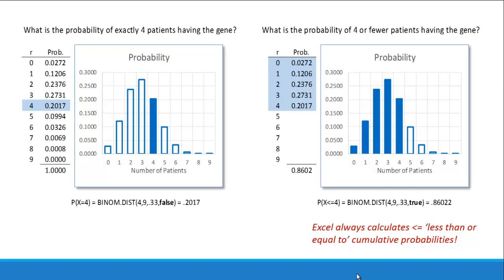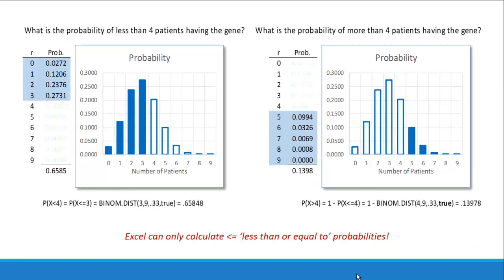Let's look at some other applications of this binomial distribution. Next, what's the probability of strictly less than 4 patients having the gene? Previously we asked for less than or equal to 4. Now we're asking for the probability of less than 4 patients. It's a good idea to write out on a piece of scratch paper each possible outcome of the experiment. In this case, our outcomes are 0, 1, 2, 3, 4, up to 9.